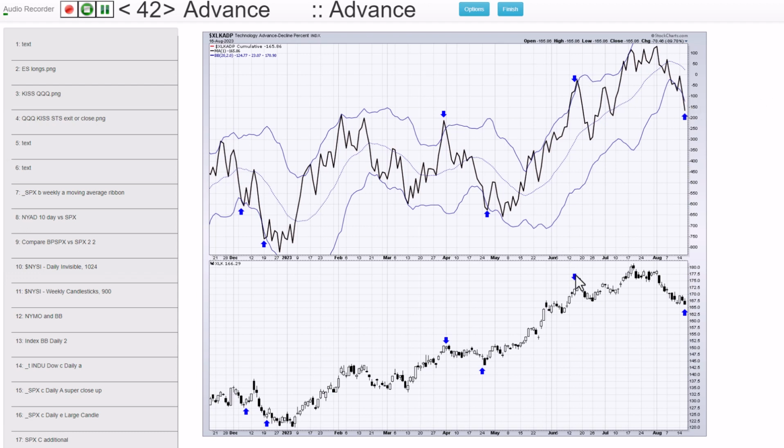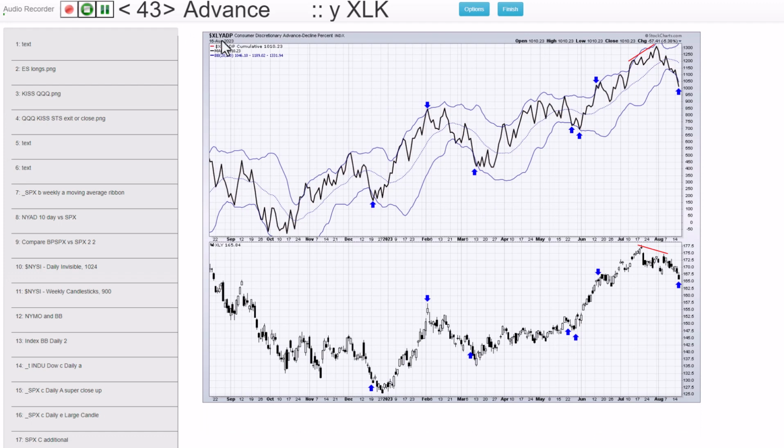You can see the previous times you've been outside the bands, they can give pretty decent signals overall. Chart 43, here's the advance-decline for the XLY ETF, same deal. So you can see, guys, a lot of these have this. So now we just need some sort of catalyst for a bounce.